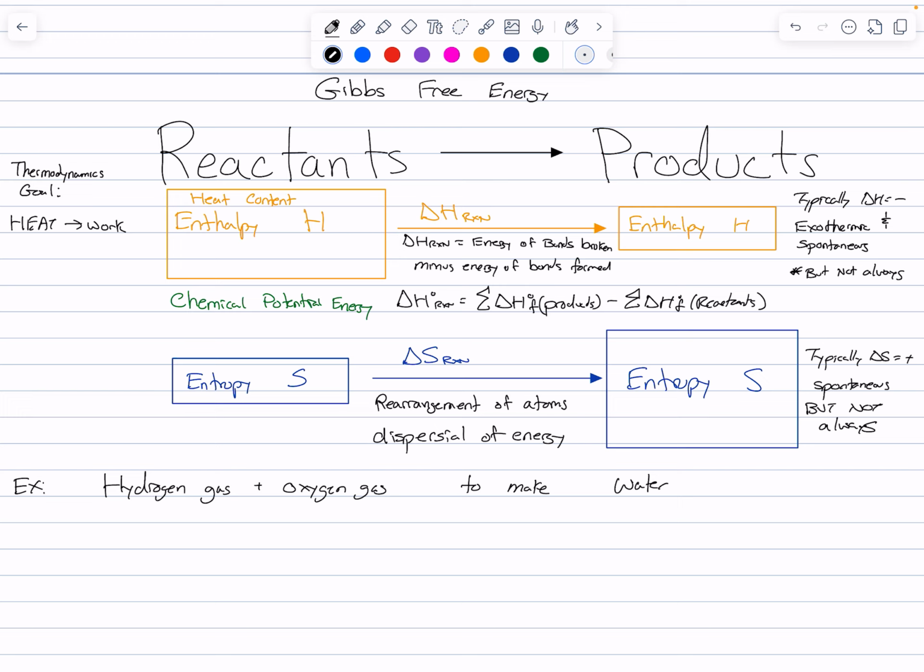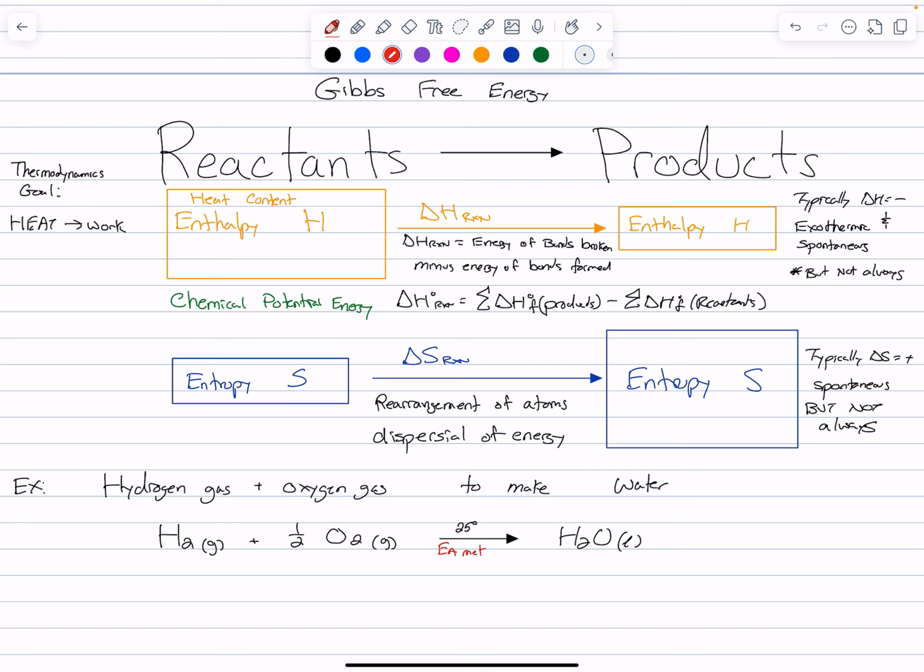So we have H2 gas plus 1/2 O2 gas going to H2O liquid, because we're at 25 degrees Celsius, and we're going to say that the activation energy has been met. We have a spark, a match.